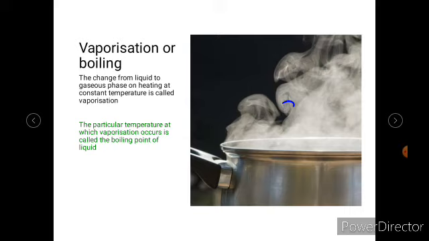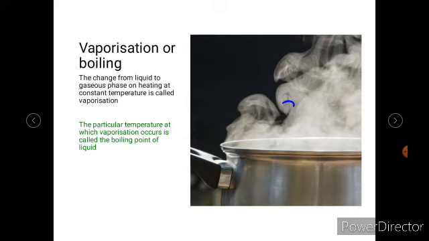Now what is boiling? Boiling is the temperature at which the liquid form changes into a gaseous form. Actually, it is the temperature at which the vapor pressure becomes equal to the atmospheric pressure.